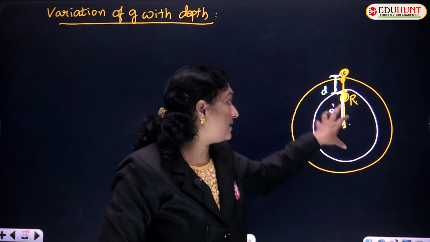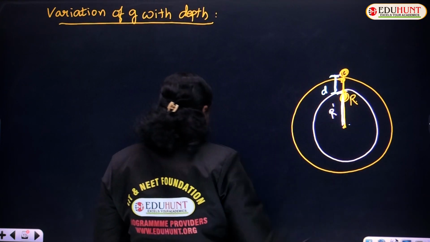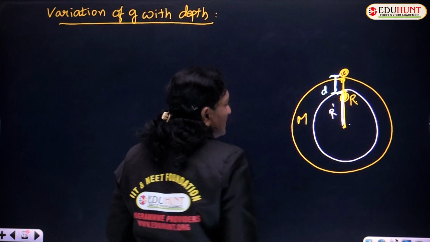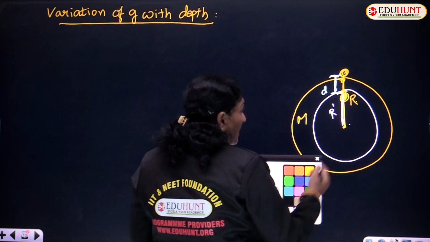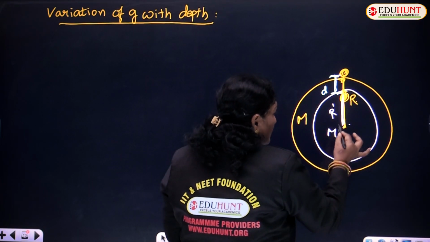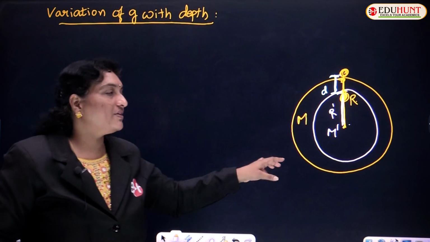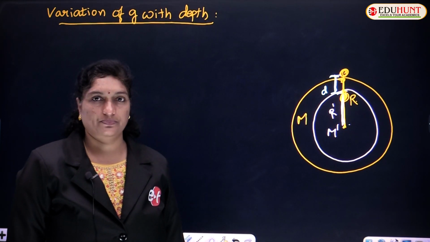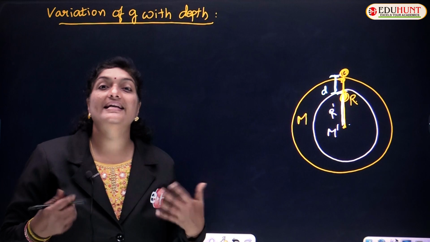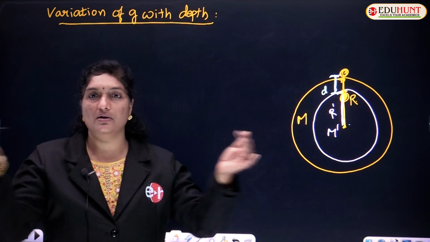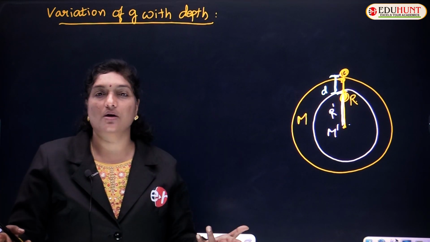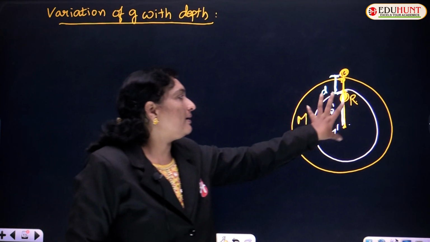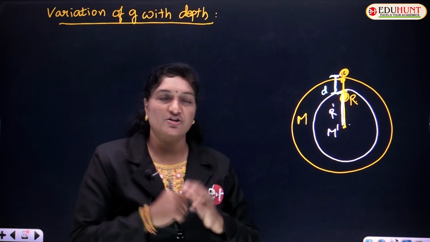So we have to consider only this portion. If the complete earth mass is m, the new mass when the body is taken inside is only a small portion, and that is taken as m dash. Density is constant, but mass varies. Anyhow, we will consider it as a spherical shape, children.